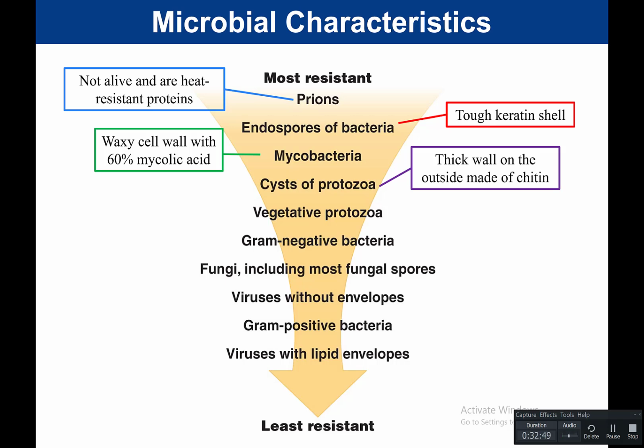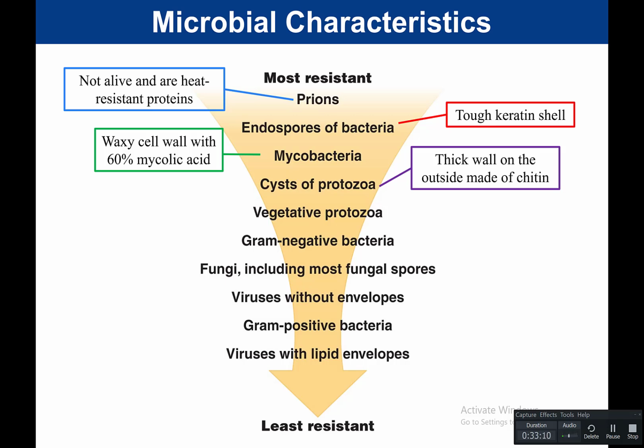You might recall that chitin is that tough polysaccharide. It's found in the exoskeleton of arthropods, for example. But that chitin is a structural protein. And so as a result, the cysts are going to be very resistant.